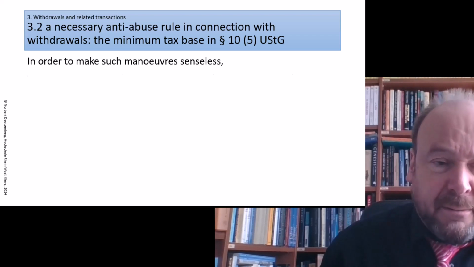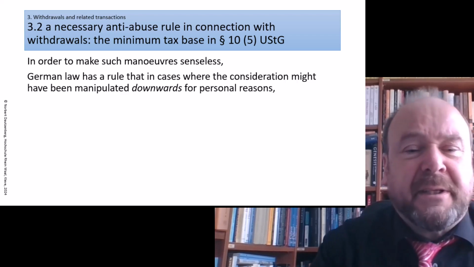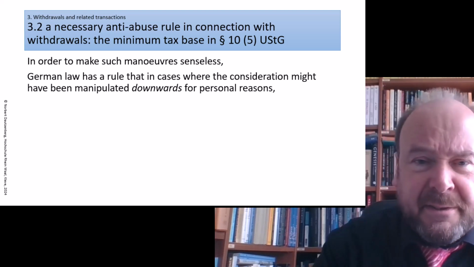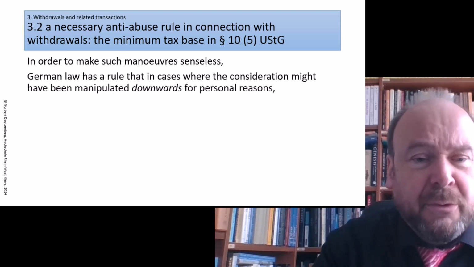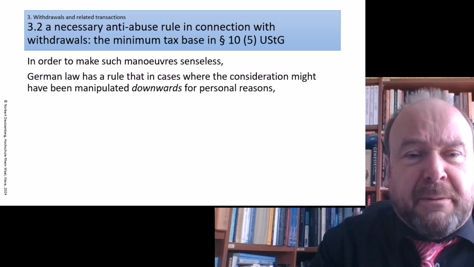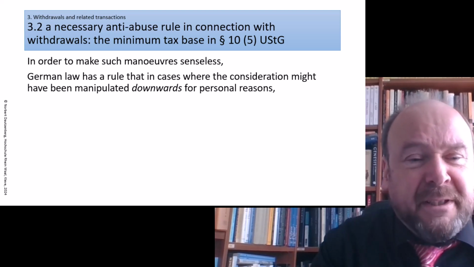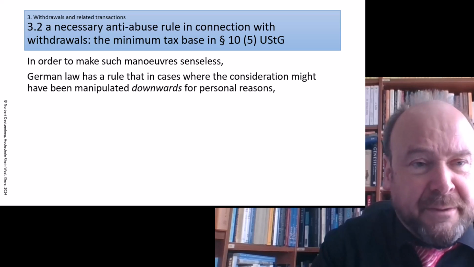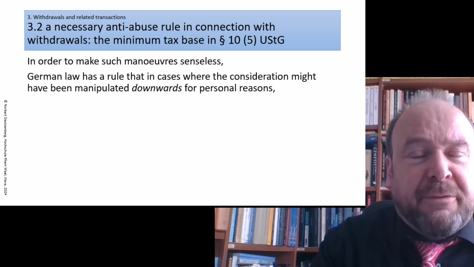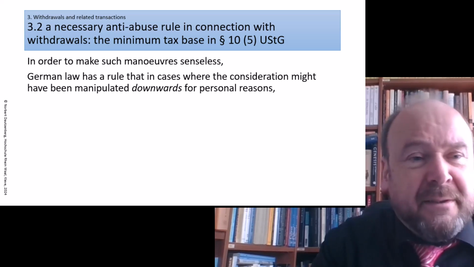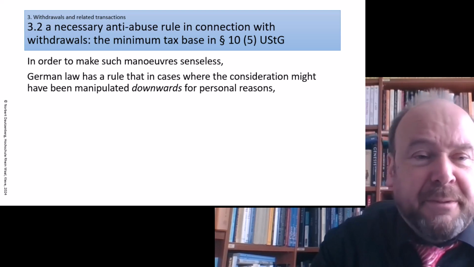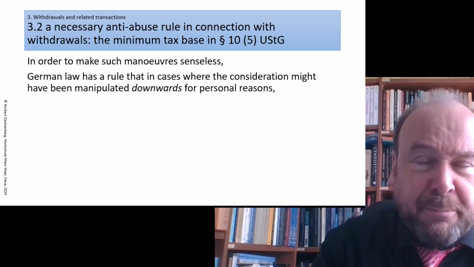The German law said, okay, let's just look for a rule which we can apply if the consideration paid has been manipulated downwards for personal reasons. So if you have a payment, but it is not a genuine payment for business motives, but for personal reasons.